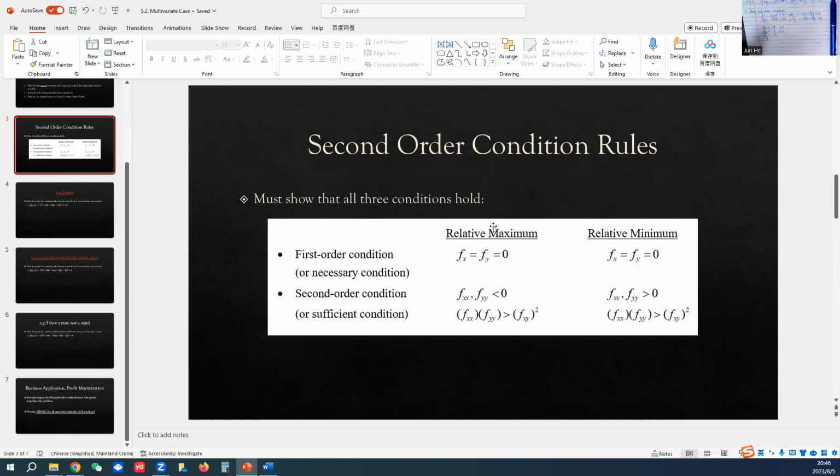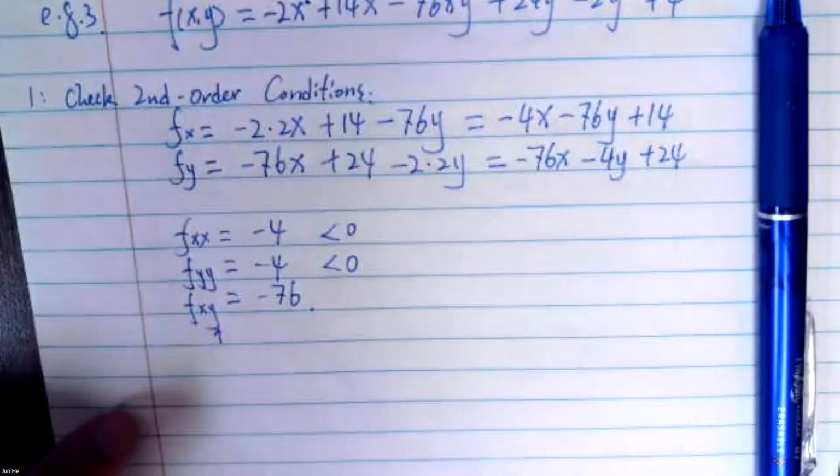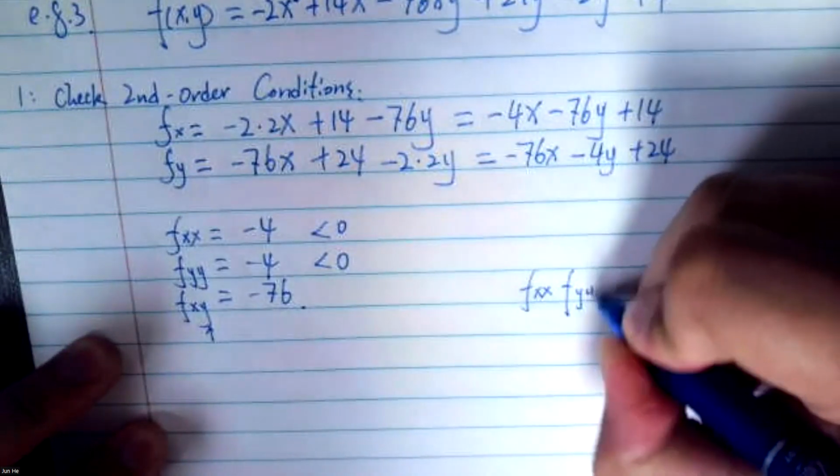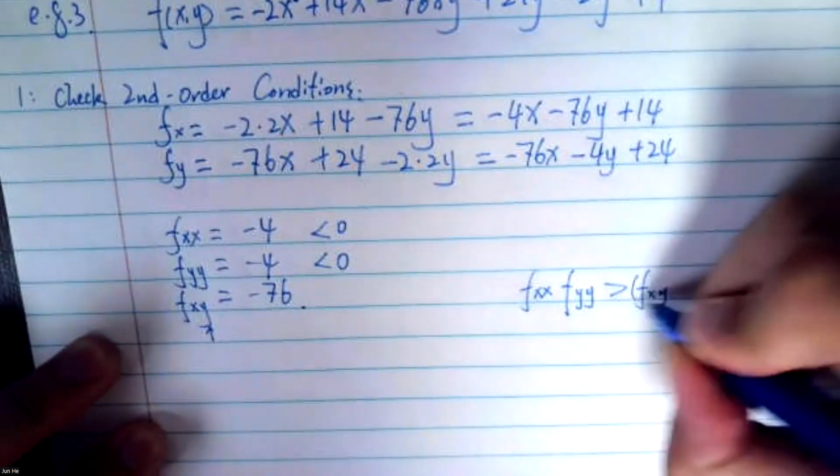We are on the track of determining, okay, this stationary point that the first order conditions of this question defines could possibly be a maximum, but we need to check the second row, which is the cross condition. All right, the cross condition is fxx fyy is greater than fxy squared.